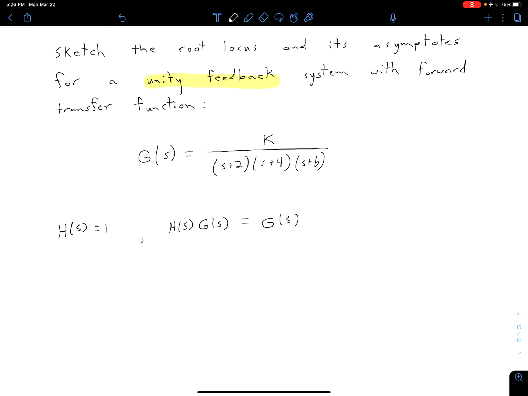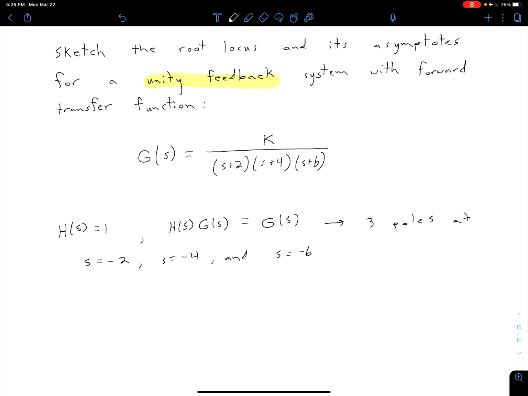With that in mind, we can say that this open loop transfer function has 3 poles. Where are those 3 poles? We have one at s equals -2, one at s equals -4, and one at s equals -6.